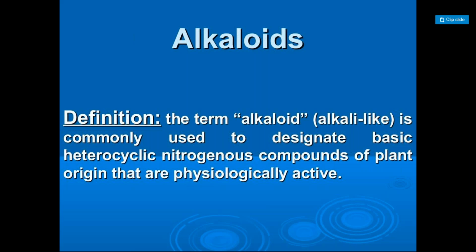For example, the biological source of coriander: coriander consists of dried ripe fruits of Coriandrum sativum belonging to family Umbelliferae, and it should contain not less than 0.3% of D-linalool. Clear? This is the details you give in biological source.